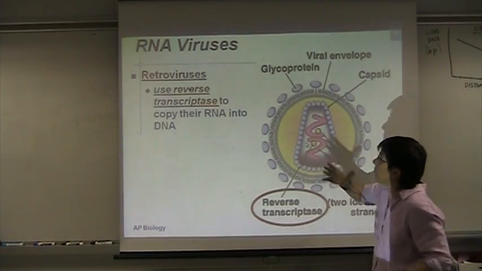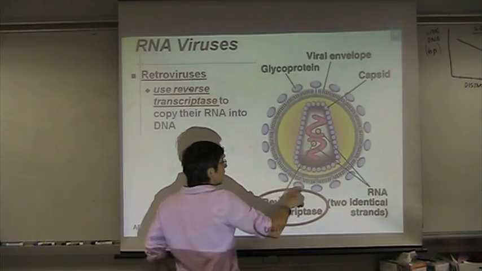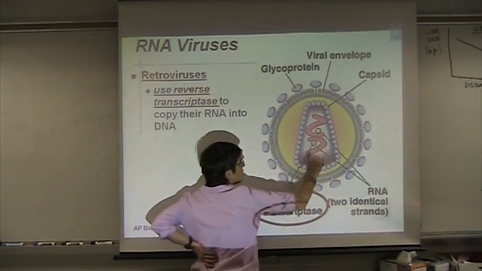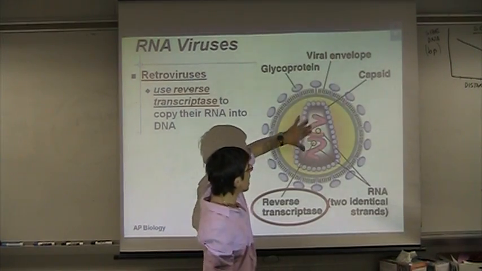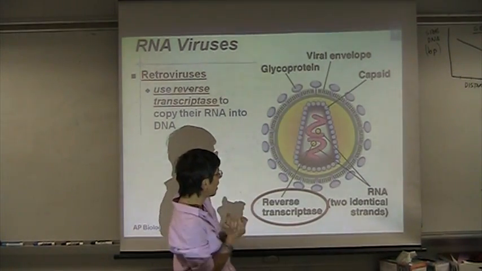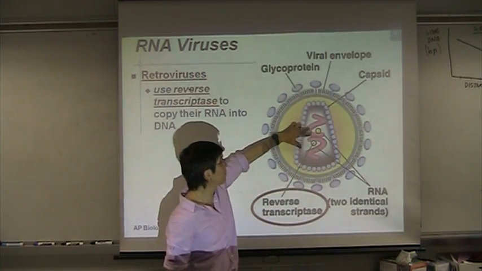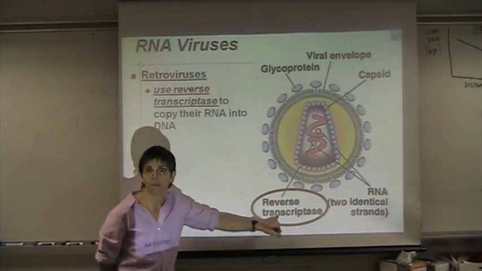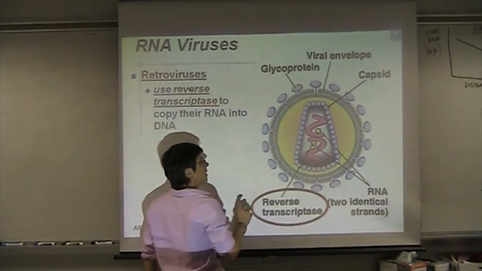First, it's an RNA virus. And you can see here, if we start on the inside, you have two RNAs. That's their nucleic material, and they have two molecules. They also carry their own copy of an enzyme, and the enzyme is reverse transcriptase. Remember the name, reverse transcriptase.